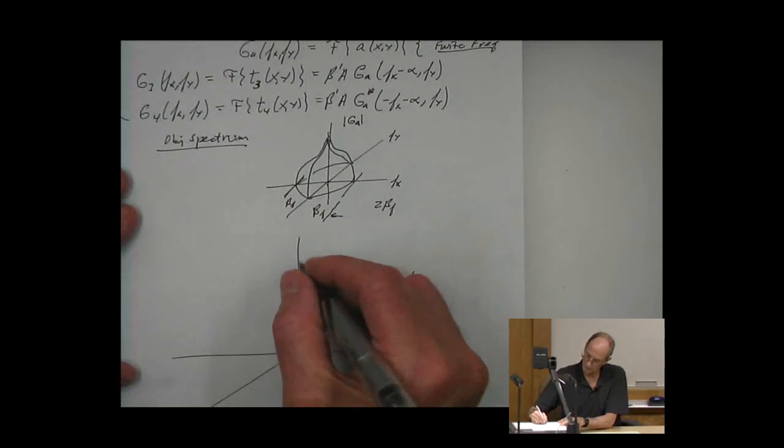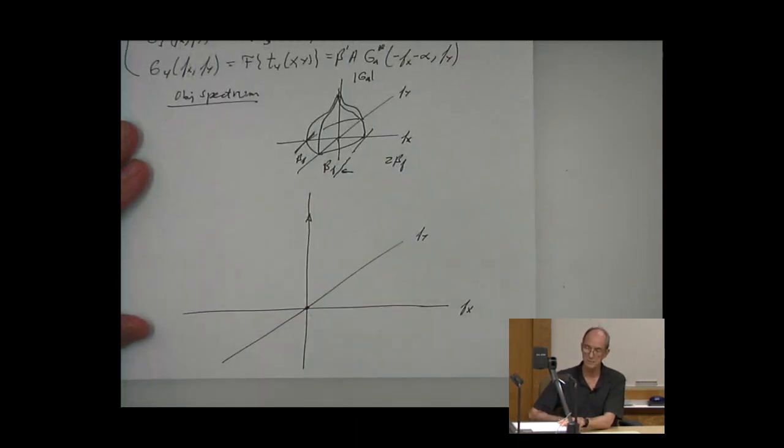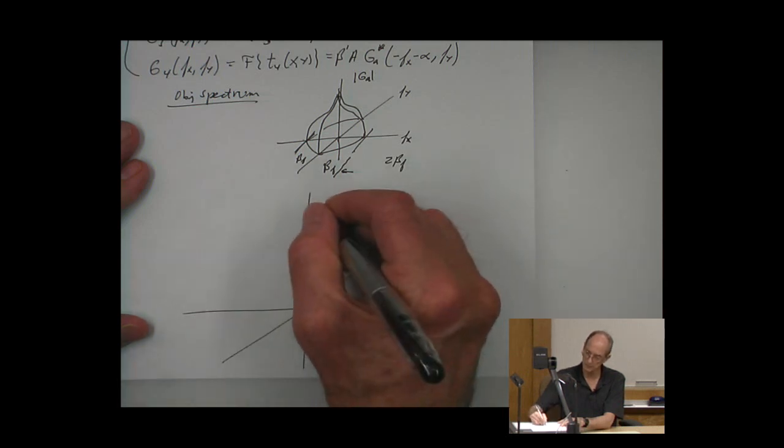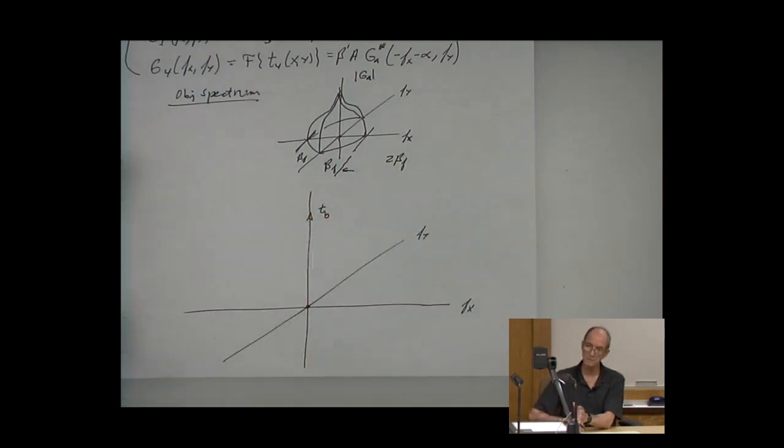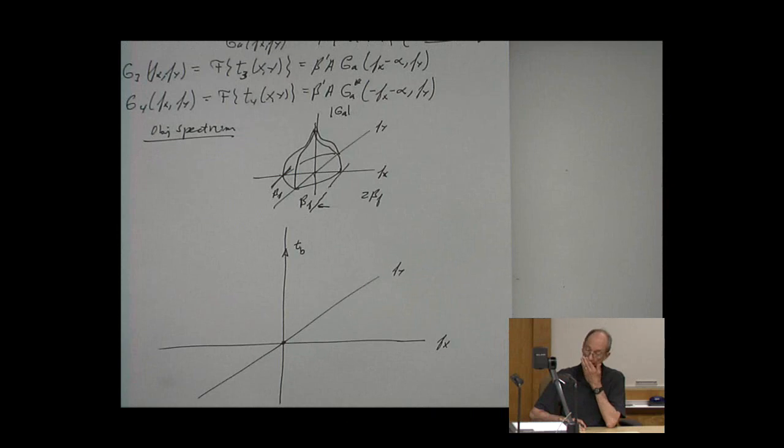We end up with a delta function located on axis in the middle of that frequency spectrum, with an amplitude of t sub b. Whatever the transmittance value is for that hologram, that's the magnitude of that spike at the center of our spectrum. The second term is an autocorrelation function.